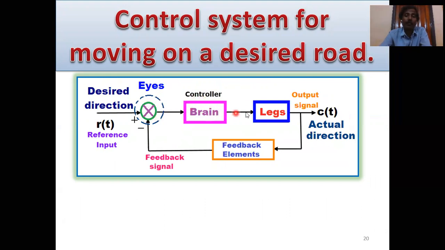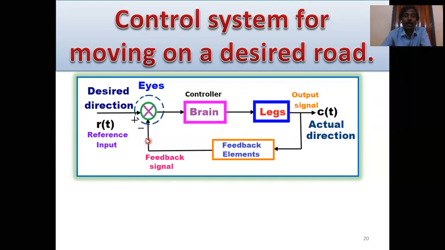The brain sends the information. This signal is an important signal because it controls the process or plant. The legs are in the plant or process section, and the legs are controlled and generate the output signal. This is the actual direction, and this is the feedback signal.